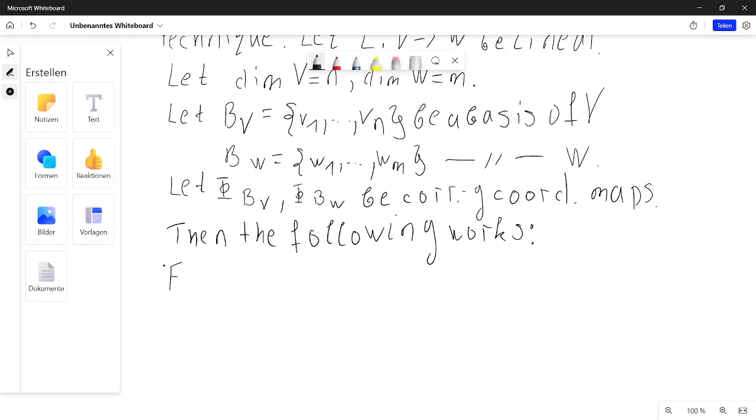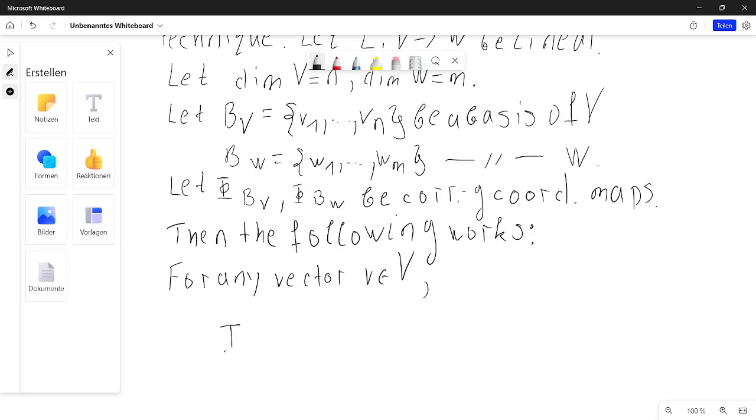For any vector v in V, we can compute the coordinates of its image under L in the following way.